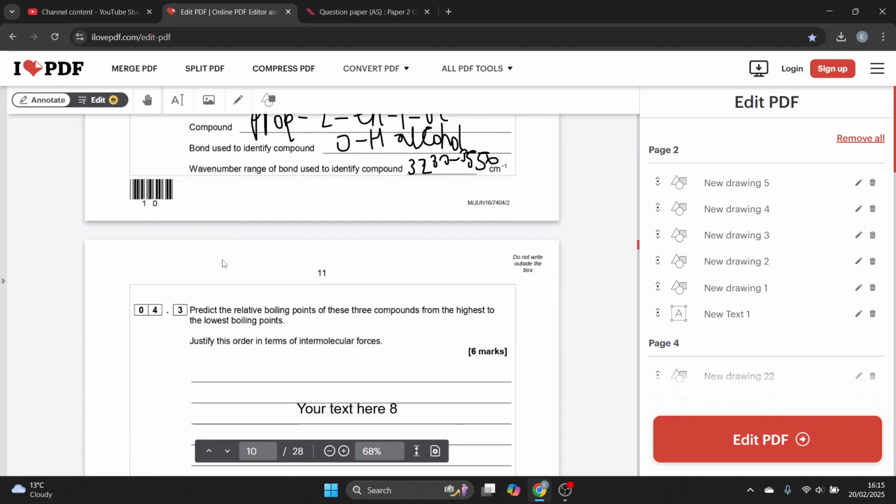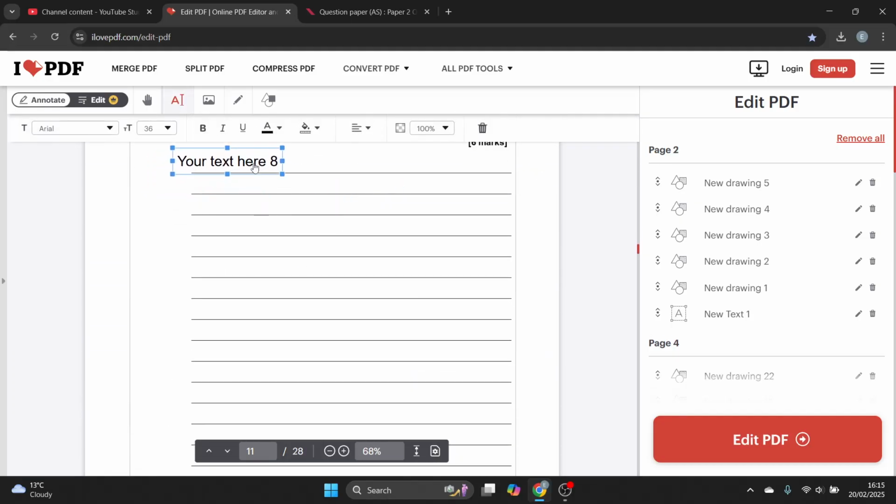Highest to lowest in terms of boiling points: prop-2-en-1-ol is greater than propanal, and propanal is obviously greater than butane.